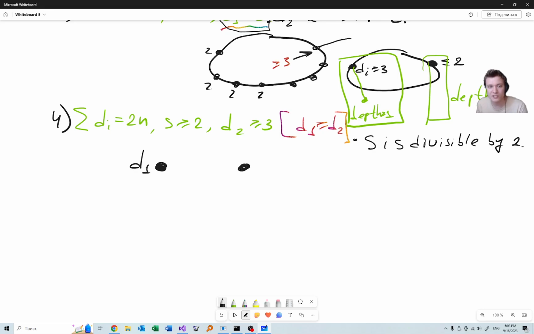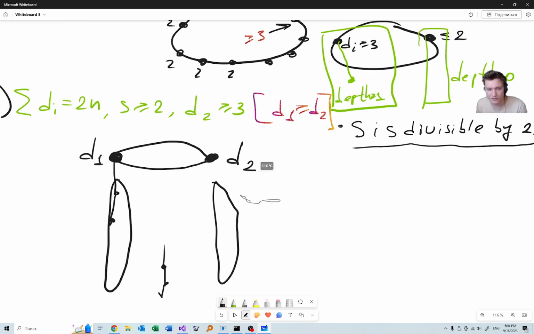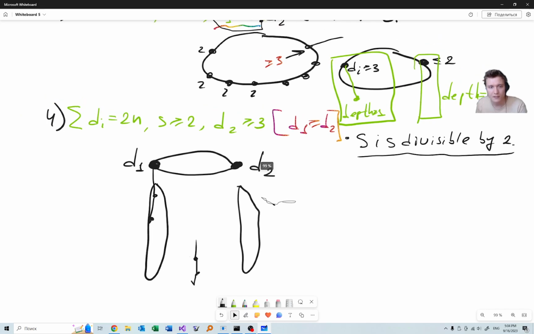Then we take a vertex of degree d2 and put it here. We add 2 multiple edges between them. And after that, since s is divisible by 2, all these vertices can be divided into 2 equal groups. Now we add a bamboo here and here. We have 2 bamboos of equal length.